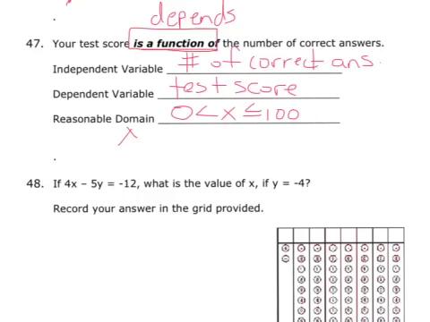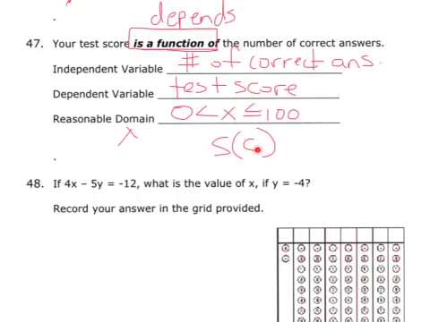Another way that you could see the function written, and they may ask you what's the independent or dependent variable, is with score and number of correct answers. You could see it written in function notation, so it could say score is a function of the number of correct answers. I'm just going to put C for correct. So S, the score, is a function of the number of correct answers.